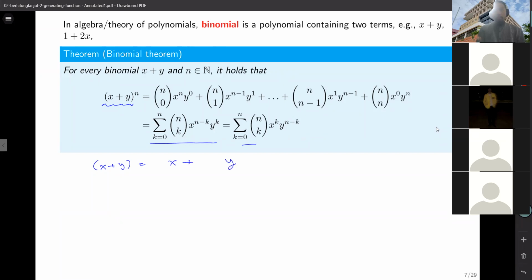But the coefficient is actually 1 times x and 1 times y, which is 1 times x to the 1 times y to the 0, plus 1 times x to the 0 times y to the 1. So let me start with 0 here.